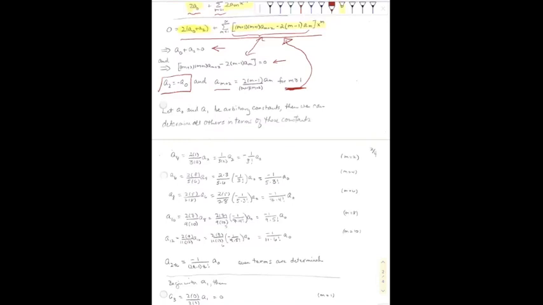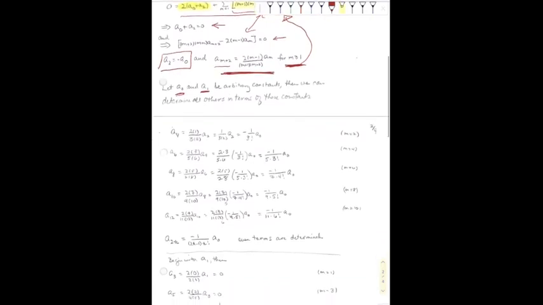So A0 and A1 are going to be arbitrary. And now let's see what happens as we follow through all of these terms. I see that A2 is minus A0. All right, so I have A0 and then I have A2. Let's use our recurrence relation here then to go from A2 to A4, and then from A4 to A6, and so forth.